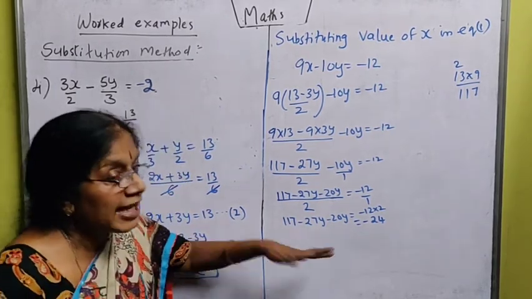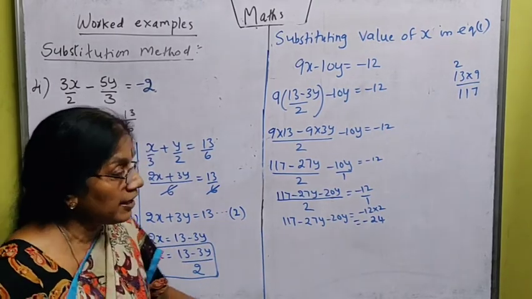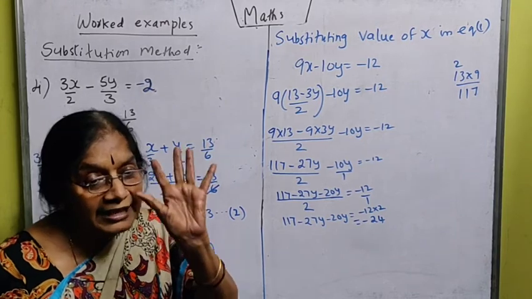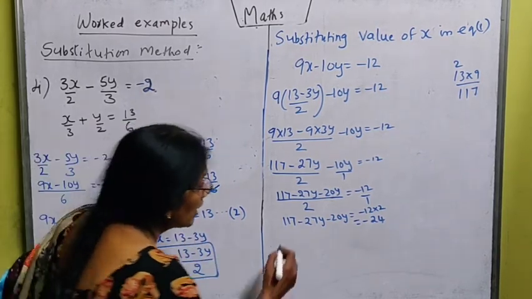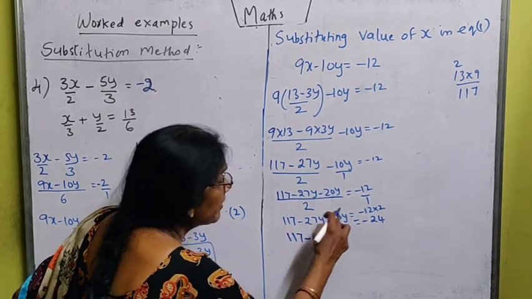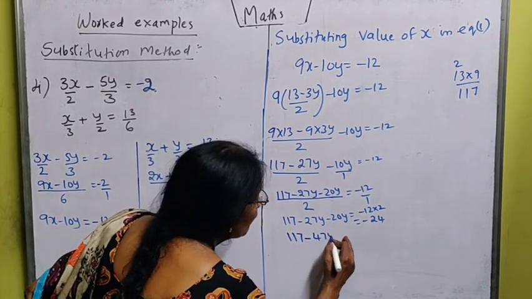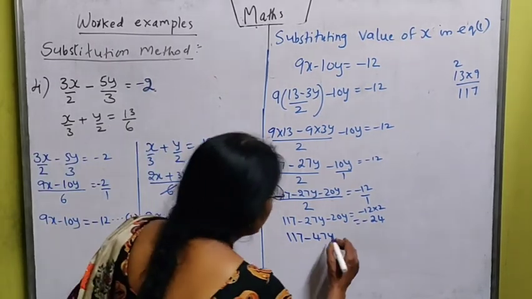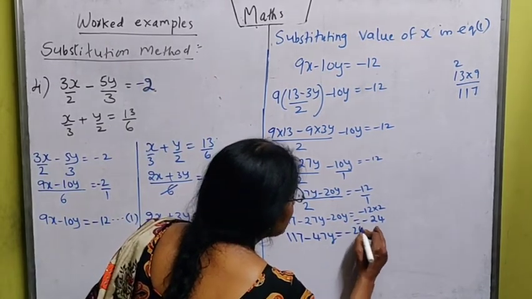Like terms can be added and subtracted. Already I have told you that two negative numbers you have to add and keep the negative sign. So here it will become 117 minus 47y is equal to minus 24.